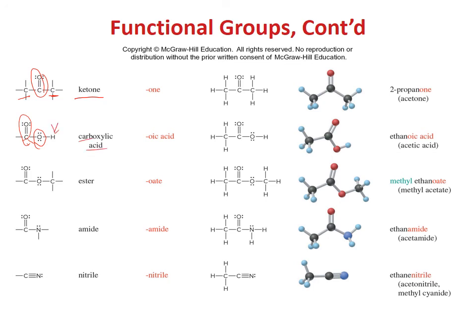So this proton can be donated to react with a base. When the carbonyl carbon bonds to an oxygen with another alkyl group, that is called an ester. When the carbonyl carbon bonds to a nitrogen, that's called an amide. Carbon-nitrogen triple bond is called a nitrile.